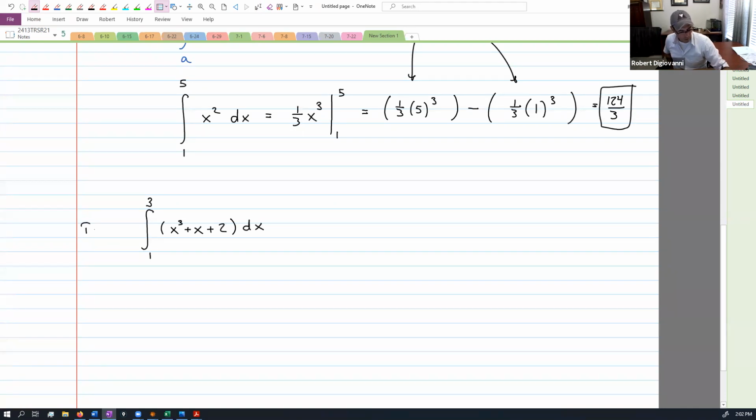Let's say that's problem number 1. Problem number 2: integral from 0 to pi of sine x dx. Problem 3.